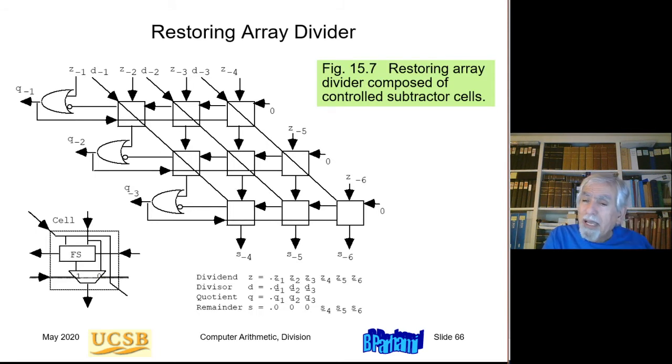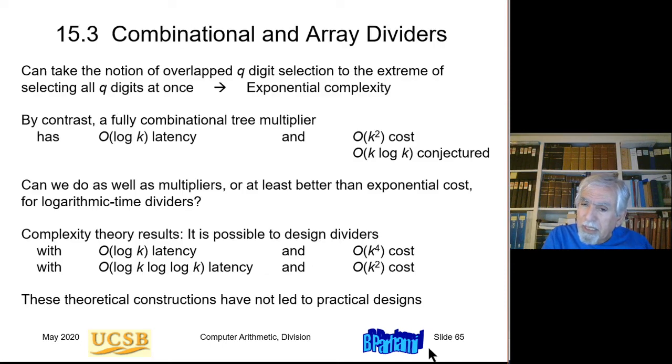Okay, so we do have combinational dividers known as array dividers, whose complexity, going back to the previous slide, is order k squared, and latency is also order k squared.